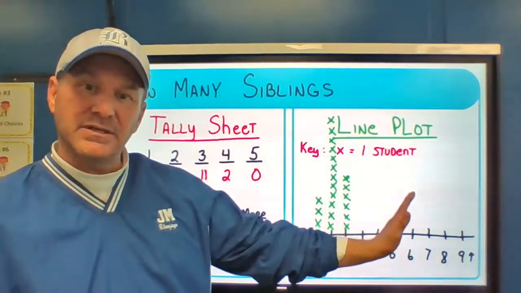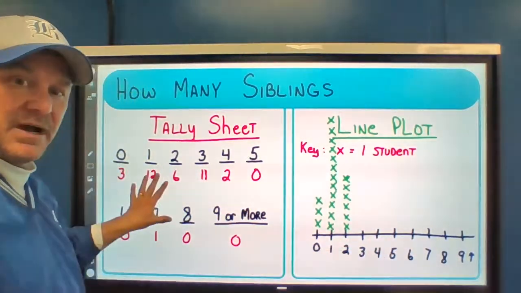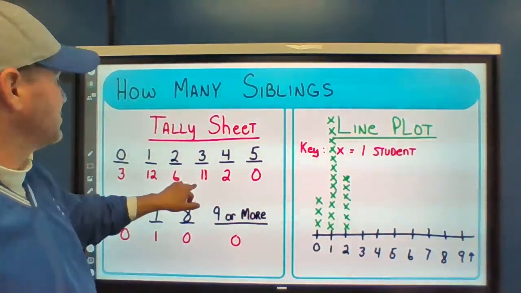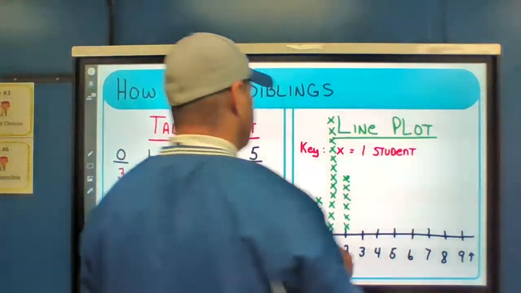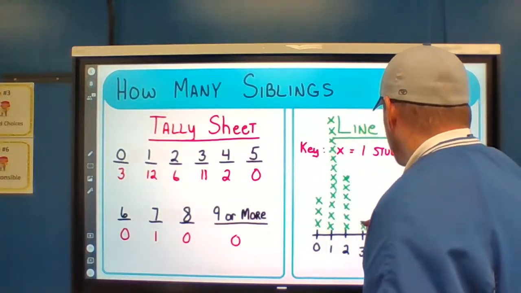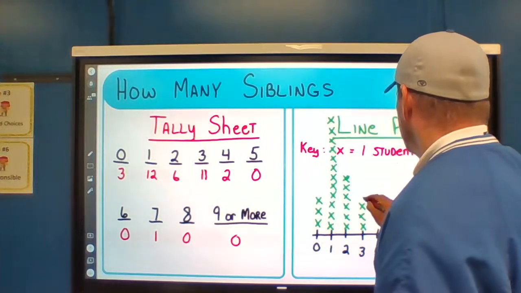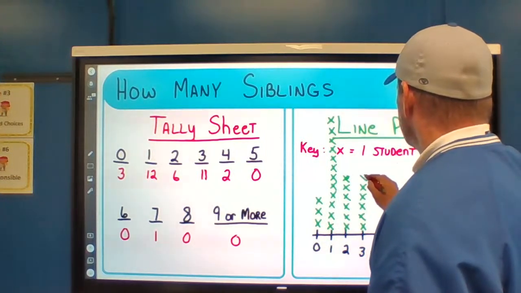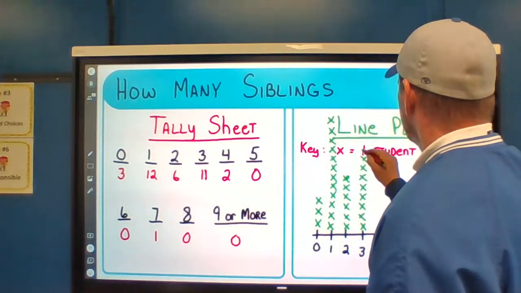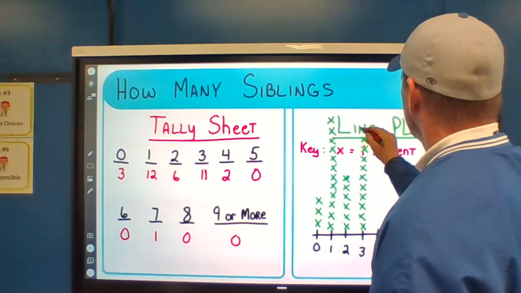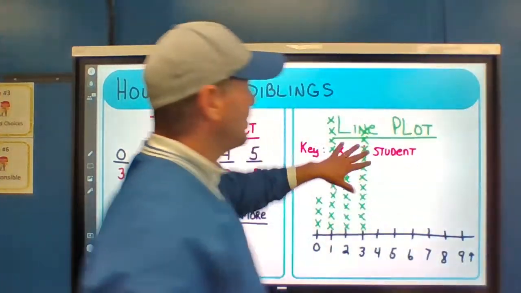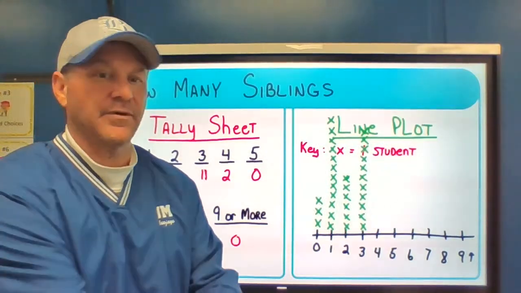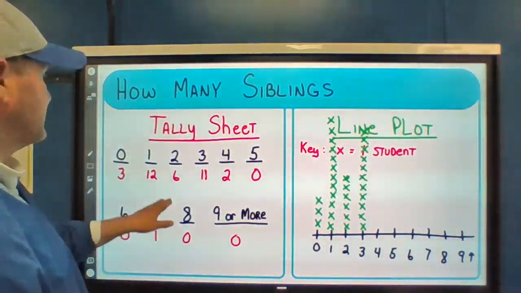And I'm going to complete the entire line plot based on my data from my tally sheet. So at 3, there was 11. Now, you normally would not run into that, but I don't have enough room. And let's complete 4.